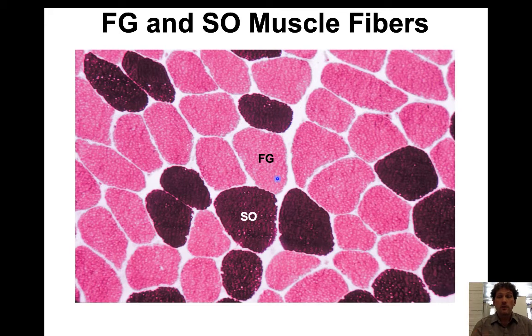But the sarcoplasmic reticulum releases and reabsorbs calcium much more quickly, and so that is going to allow for those contractions to be much quicker. Okay, so we find these fast glycolytic fibers in the extrinsic muscles of our eyes, those fast twitch muscles that move our eyes really quickly, in our gastrocnemius or our biceps brachii, right? So our soleus is generally used for posture, whereas the gastrocnemius is for jumping or really quick movements.